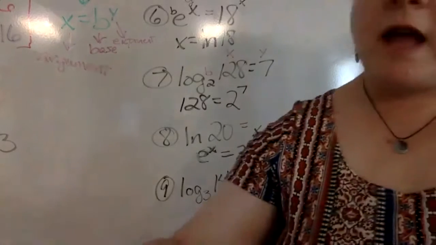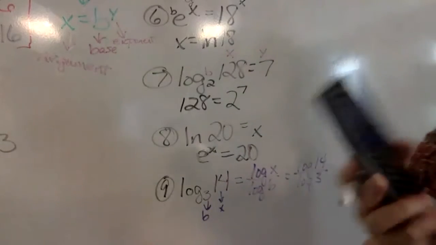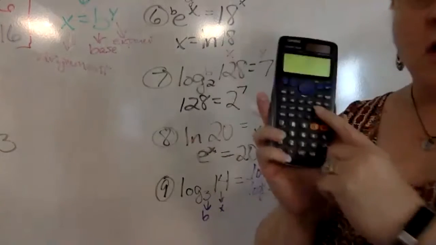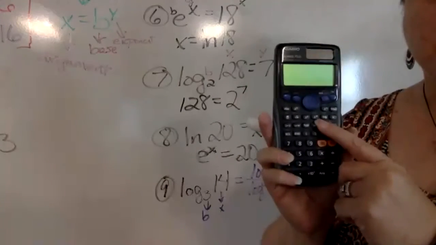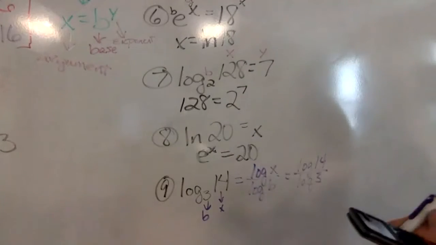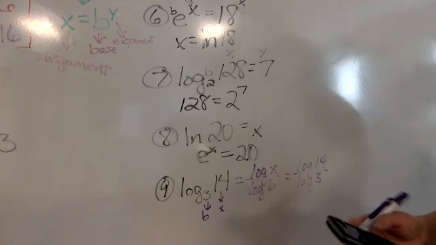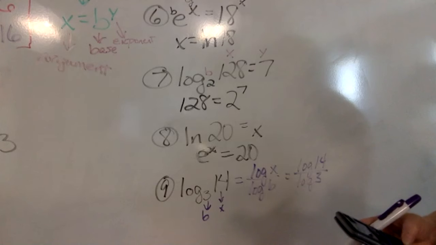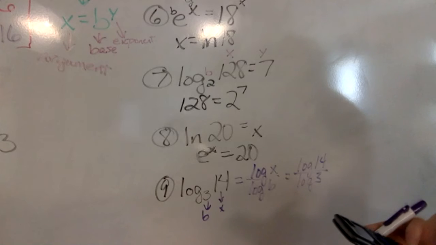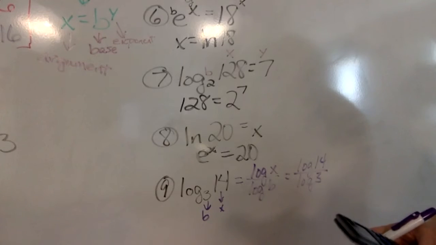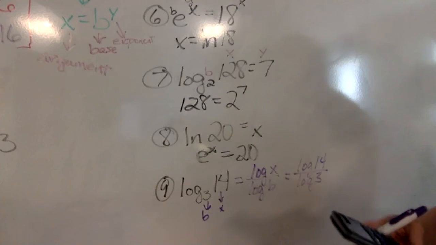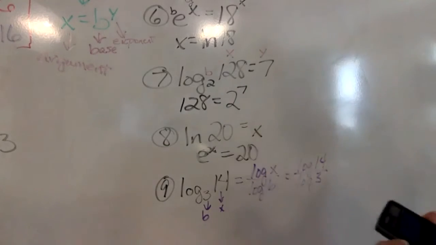Now, on your calculator, you have the little button up there that says log. So that's what you would use. You're going to type in log 14 divided by, oh, you got to close parentheses. I forgot it does parentheses on here. Divided by log of 3. You get a big long decimal.